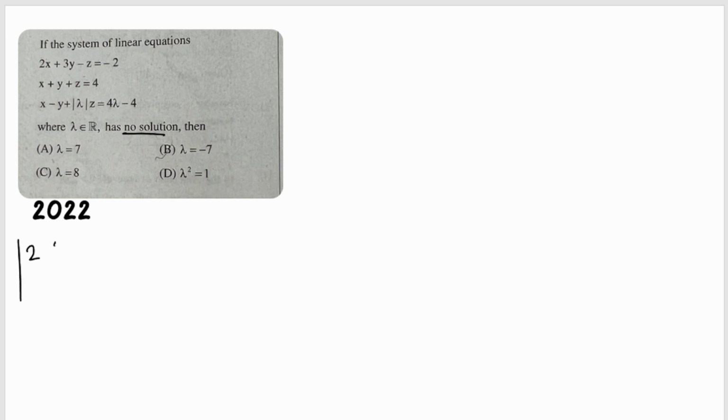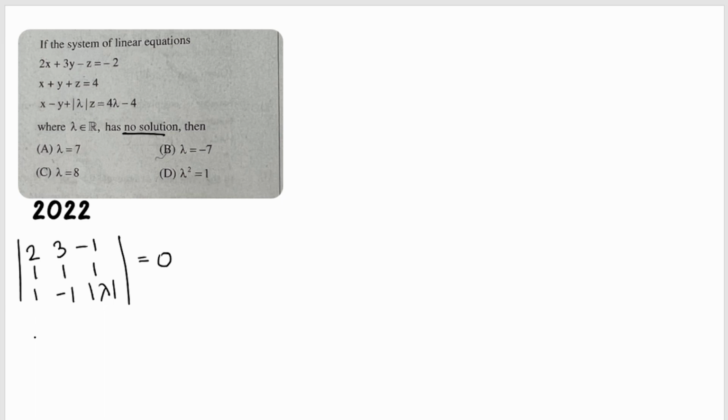You have 2, 3, minus 1, 1, 1, 1. Then you have 1, minus 1. Then you have mod lambda, modulus value of lambda. Okay, equals 0. If you see the modulus, you no need to get worried. It just simply means that lambda has a positive value and a negative value. That is the meaning of having modulus.